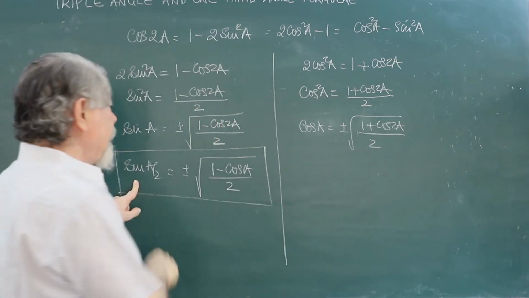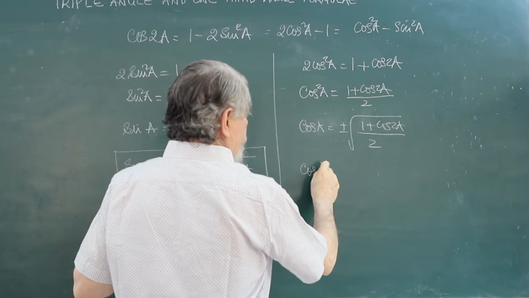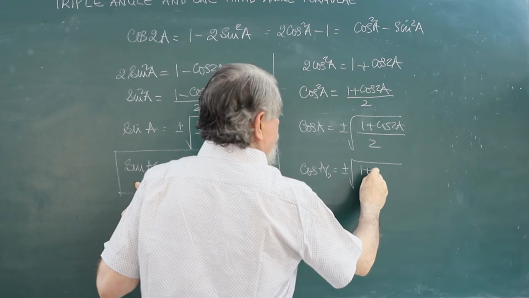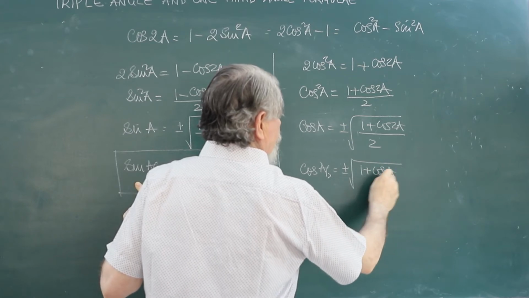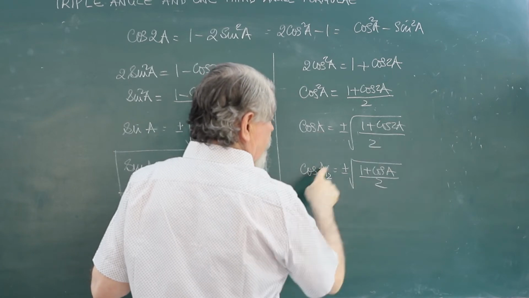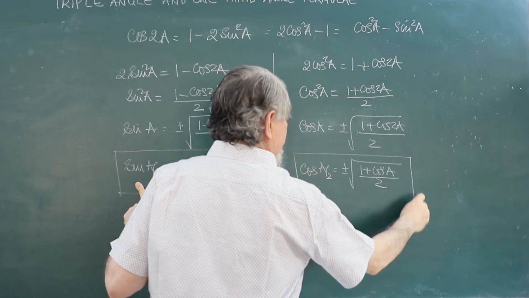Again, if I want to find out cos a upon 2, cos a upon 2 will become plus minus under root 1 plus cos a upon 2. Because if the angle is a upon 2, the double angle is a. So cos a by 2 you get like this.